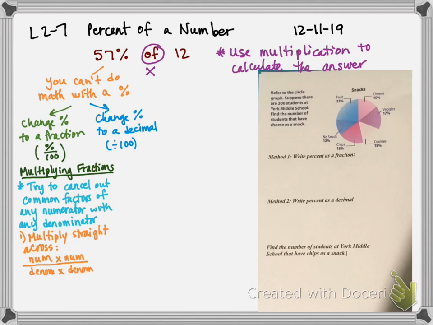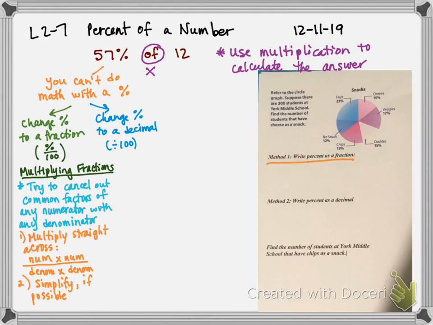Okay, and then simplify if possible. So if you didn't reduce first, and even if you did, you still need to check to see if you forgot something. So always simplify if possible. Okay, so those are some things to keep in mind if you're going to try this method 1, where you're going to write the percent as a fraction.